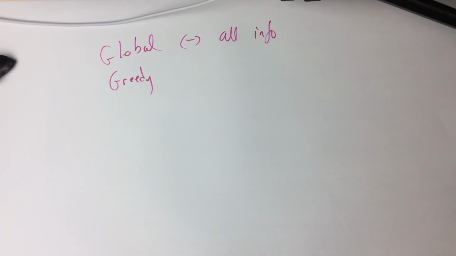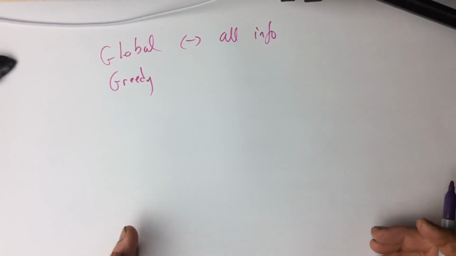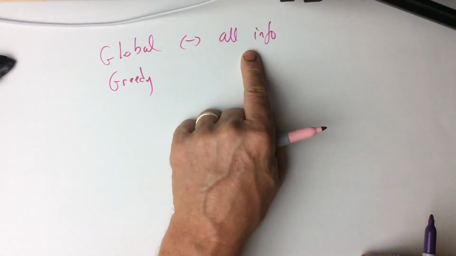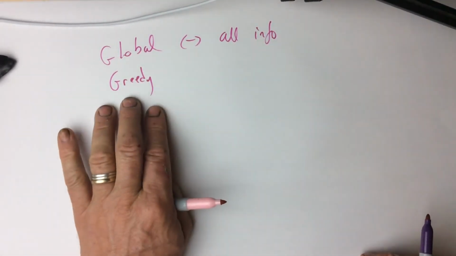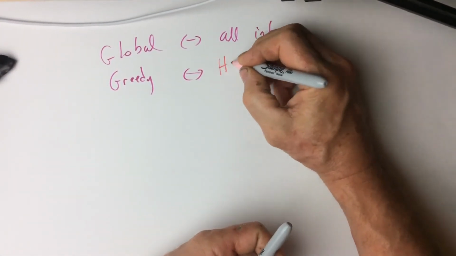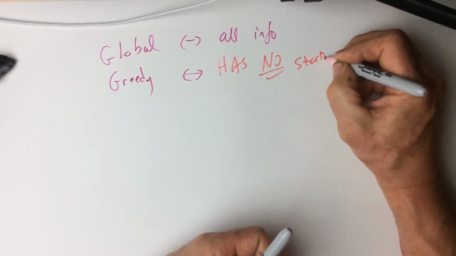Well, I'm going to try simply to use a greedy algorithm where I just look at all of the edges and pick the smallest. The problem with that is I may not be at either city. So global, because it's using all of the information, and I'm going to try to be greedy here, it has no starting point.